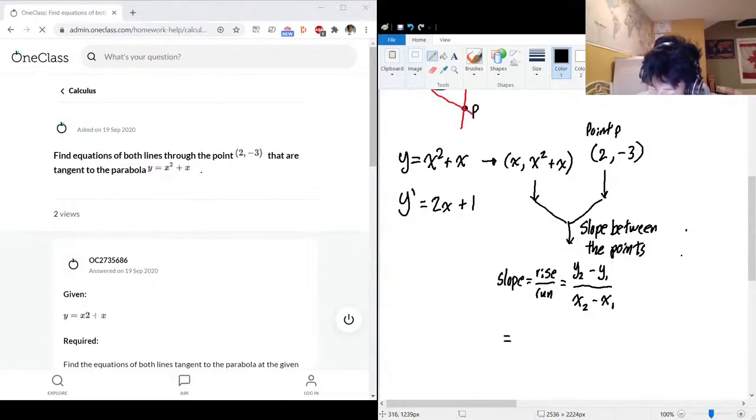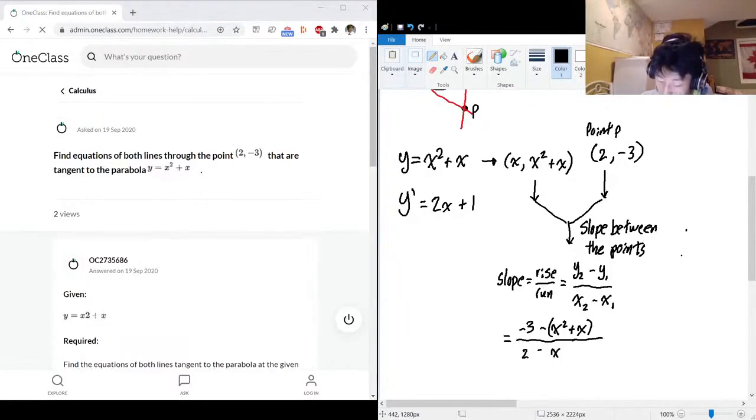So for y2 we've got -3. Here we have 2. And on the top we're subtracting x squared plus x. And on the bottom it is just x, which is the departure point.